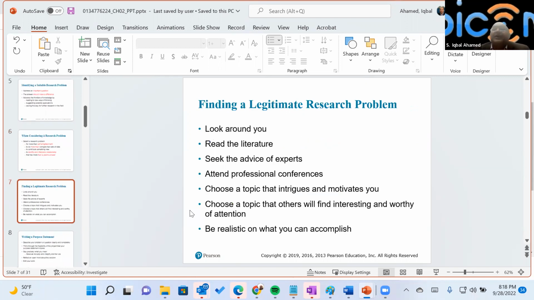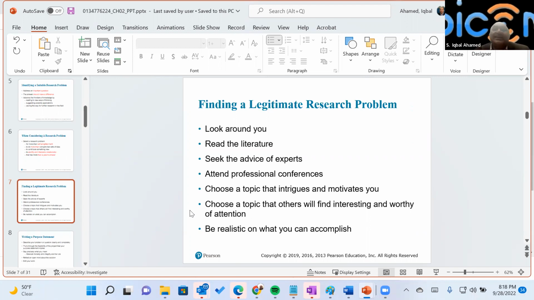So for finding a legitimate research problem, is there any straightforward way? No, but some of you have already found some guidelines: you talk to an advisor, you join some group and right away get something, or some area you really like.